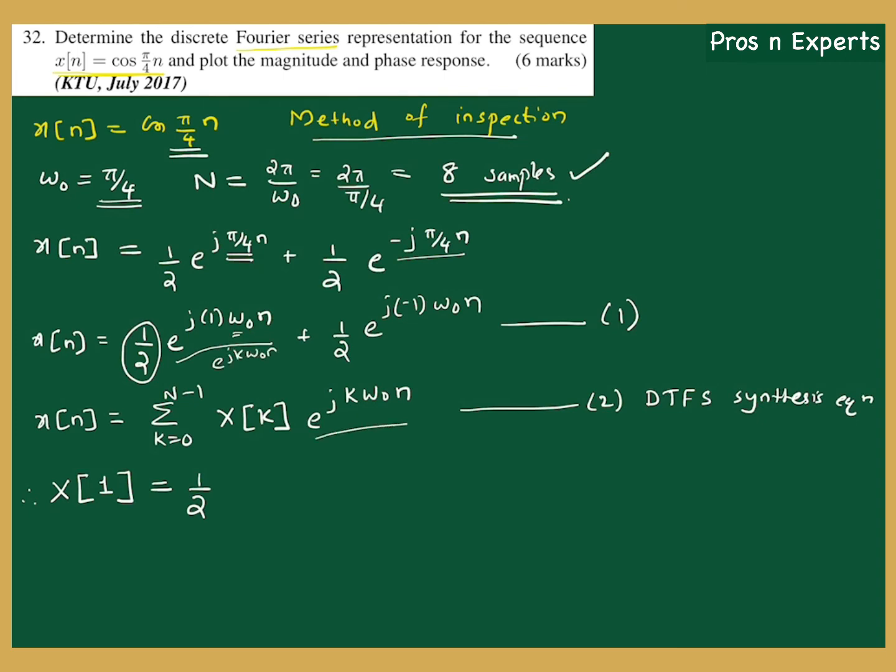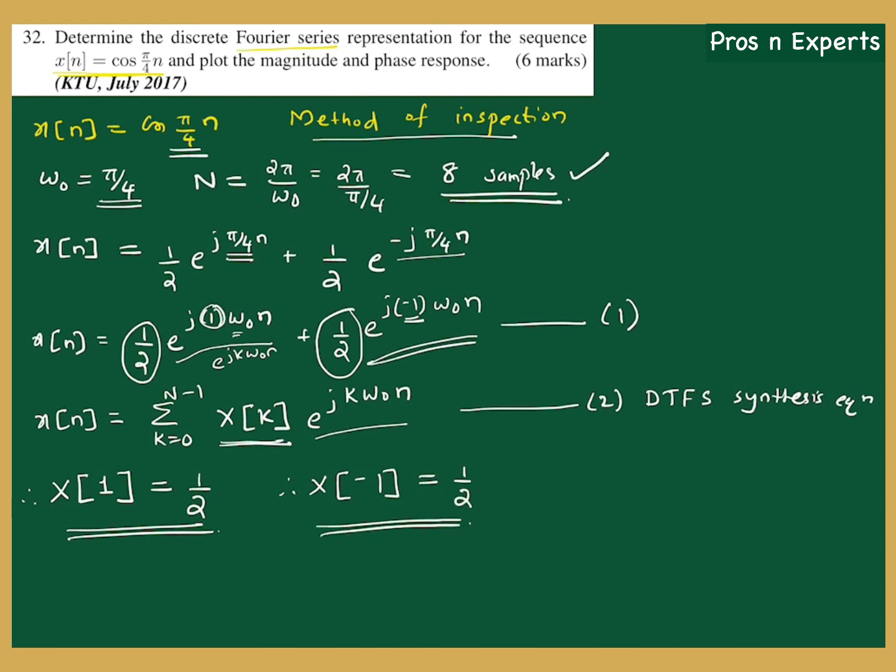From this equation, whatever be the coefficient of e raised to j k omega 0 n, it will be X of k, but k is 1 here, so X of 1 equal to half. And what about this term here? k equal to minus 1, so X of k becomes X of minus 1. What is X of minus 1? The coefficient of that term, that is half. So for this signal, we have only two coefficients, at k equal to 1 and k equal to minus 1, and it is half in both cases.